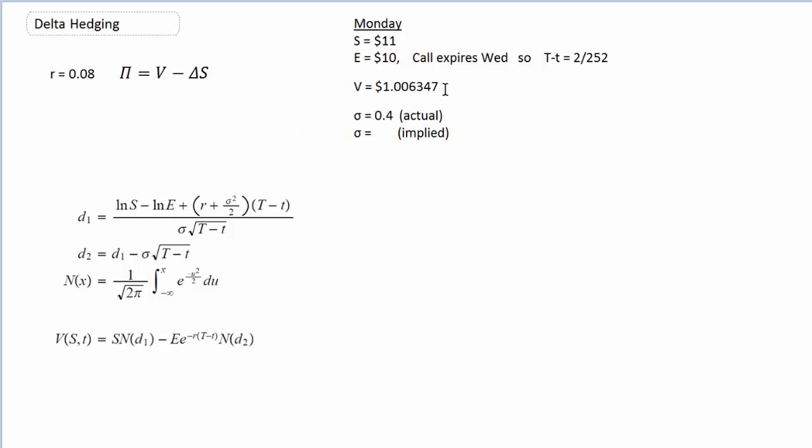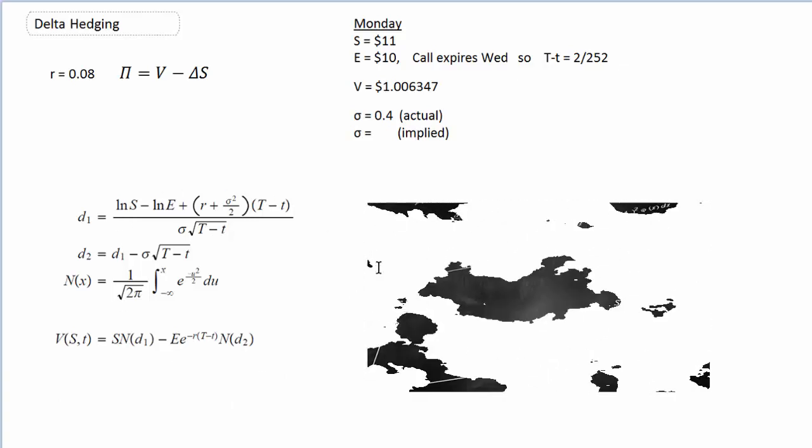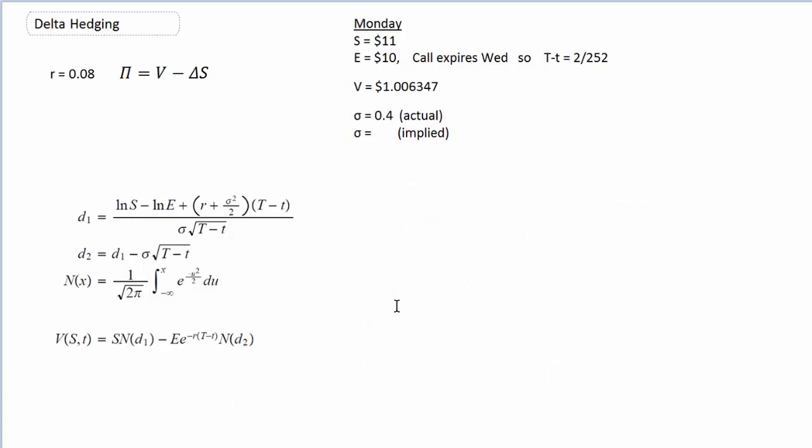They must have used some volatility, the implied volatility, to come up with this price. So we have to back calculate using these formulas what the implied volatility is. If I plug in a volatility of 0.4, I'll get a price that's too high.